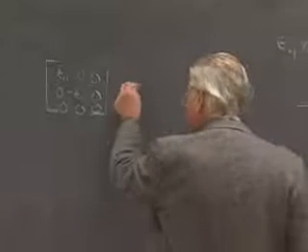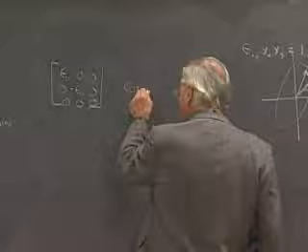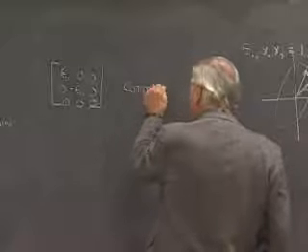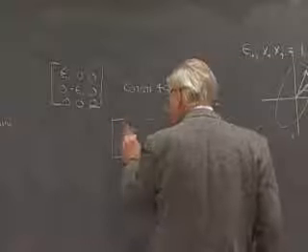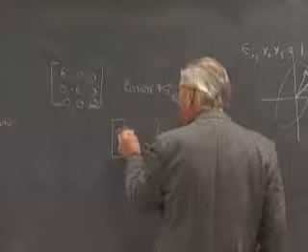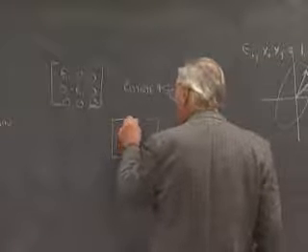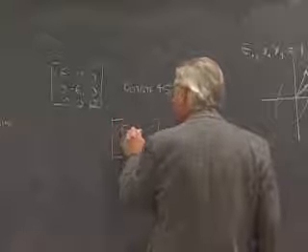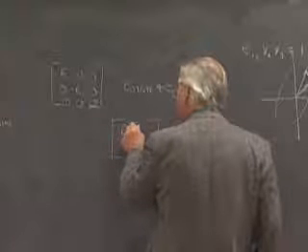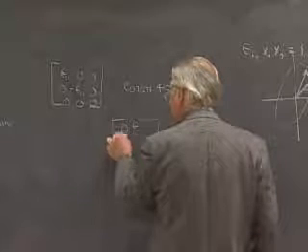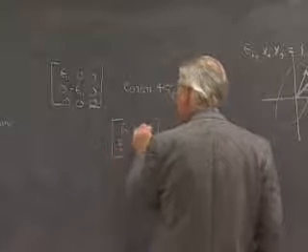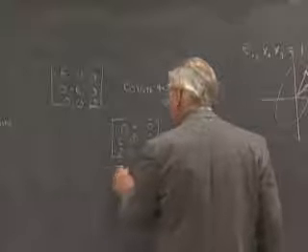If we rotate this tensor 45 degrees, we would find that the tensor had all the diagonal elements 0, and we would have epsilon prime, 0, 0, 0, and this is pure shear.